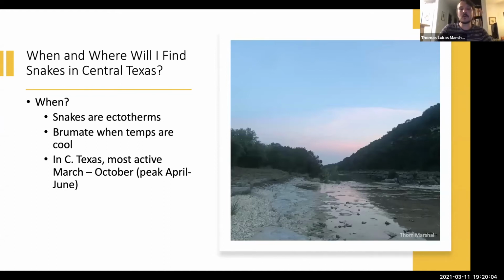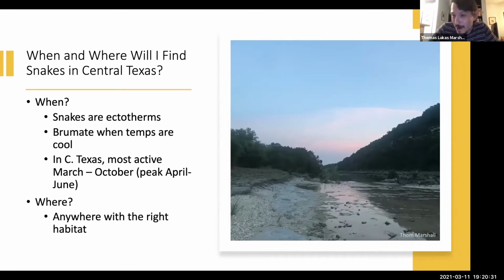Now, during the summer, when it gets too hot and dry, snakes will tend to be more nocturnal and not as active. It can get too hot for snakes. Some of them are prone to desiccation, which means drying out. So we're coming to the time of year where we should expect to see snakes out if we're outside in nature.